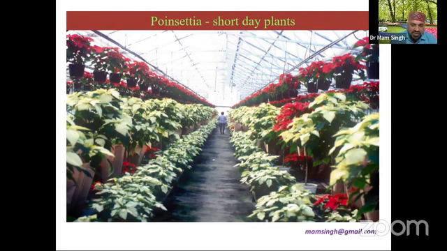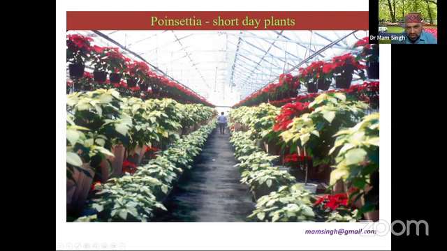This is a short plant where we grow these plants in the summer, and when the winter comes, they become multicolored, and they produce different color foliage, and these are very short. They are also propagated by cuttings.